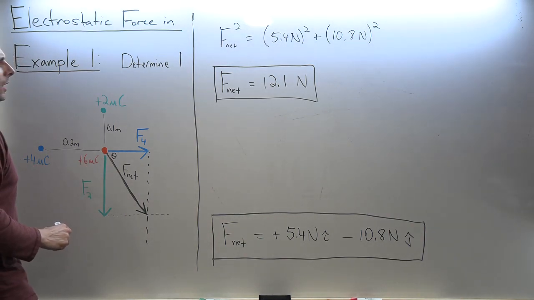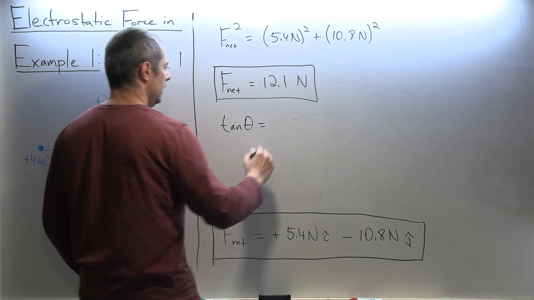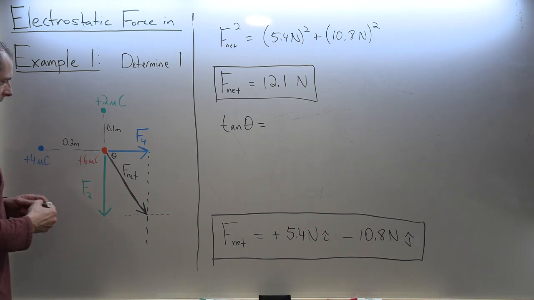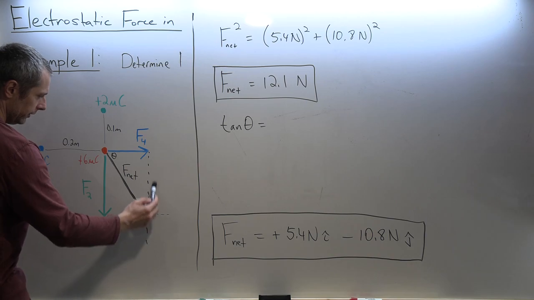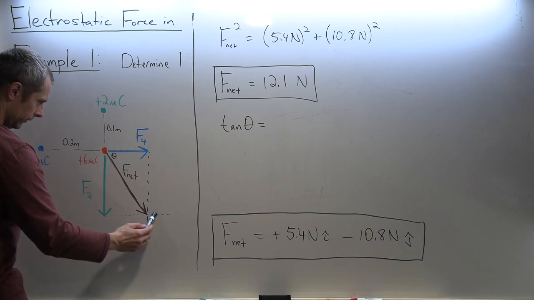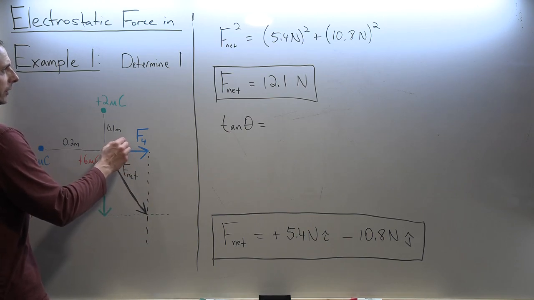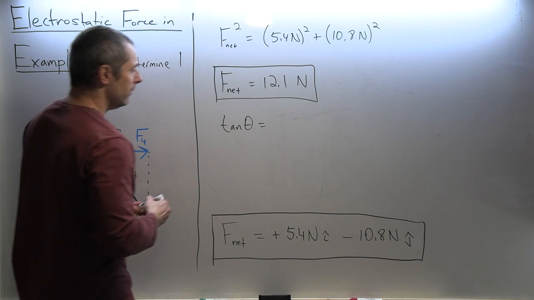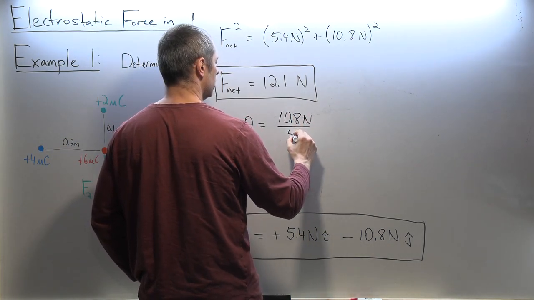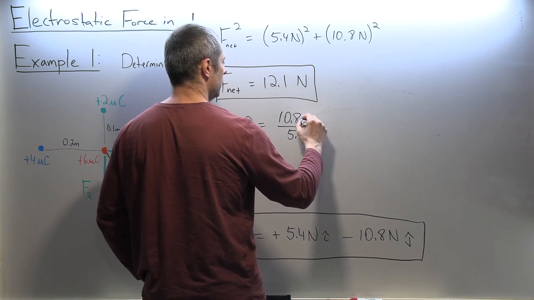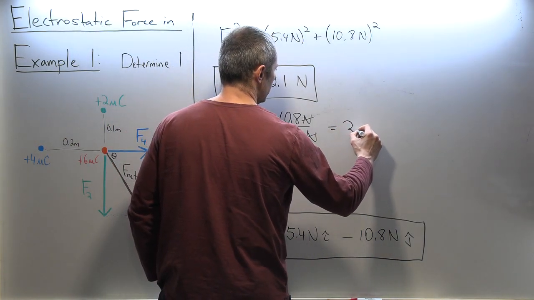And then the angle, well, I could use the tangent function. Tan theta is the opposite side over the adjacent. I have a right triangle right here. Of course, if this is 10.8, so is this. So we got 10.8 over here and 5.4 over there. So when I say tan theta opposite over adjacent, I'm going to have the 10.8 divided by the 5.4. The Newton unit goes away, and that's exactly 2.0.